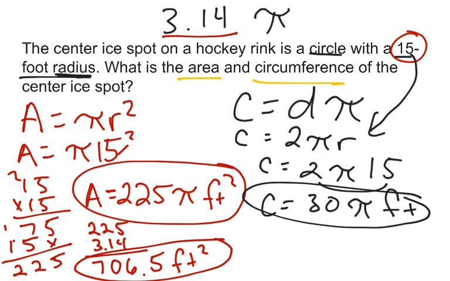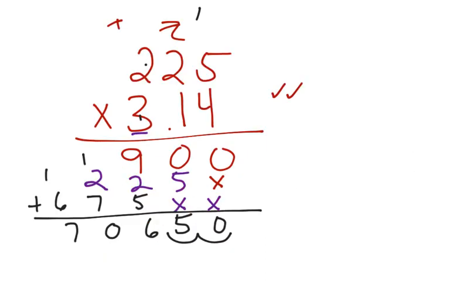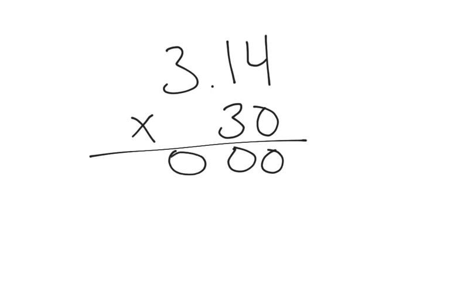Now moving on to circumference, again I'm going to substitute my pi, 3 14/100ths. So I'm going to have 3 14/100ths times 30. Again, we'll space ourselves out. So we have 0, of course, times everything is going to be 0.